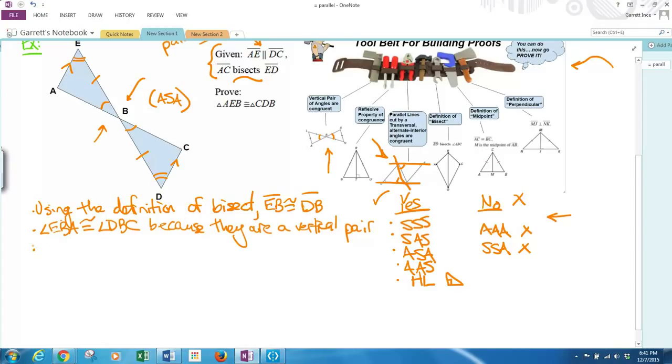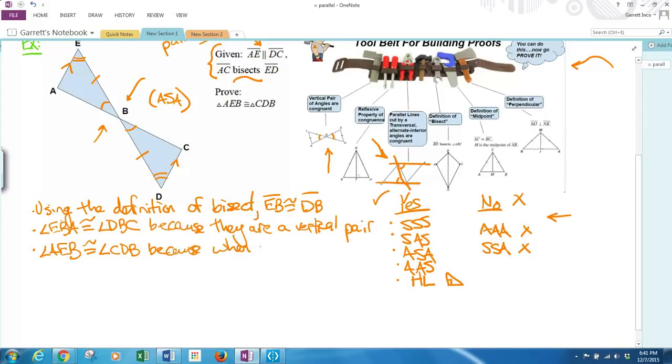Finally, we want to make sure that we express as clearly as we can the alternate interior angles piece, which was based on the parallel lines. So why don't we start out by stating that angle AEB is congruent to angle CDB. And here's the long one, so get ready.